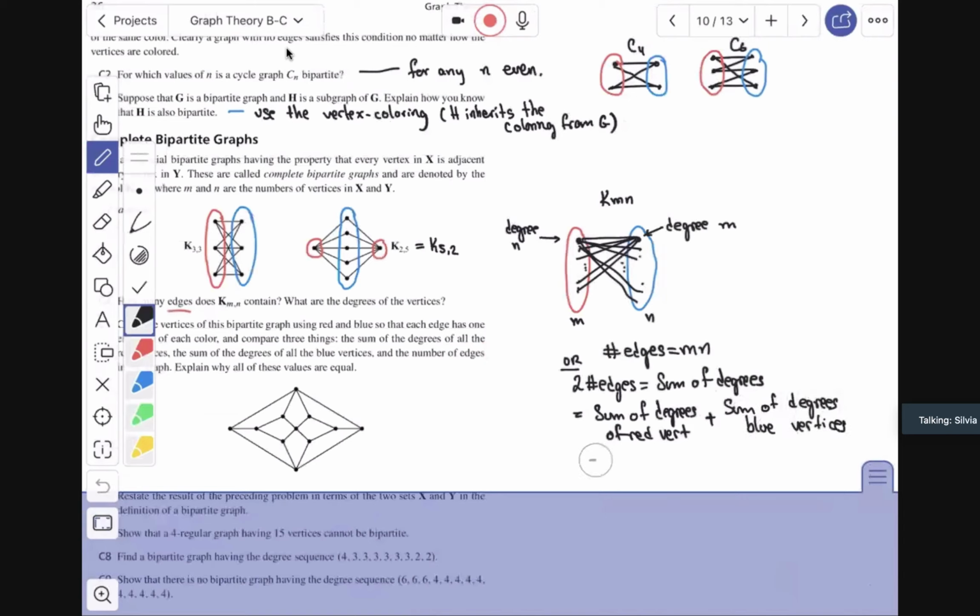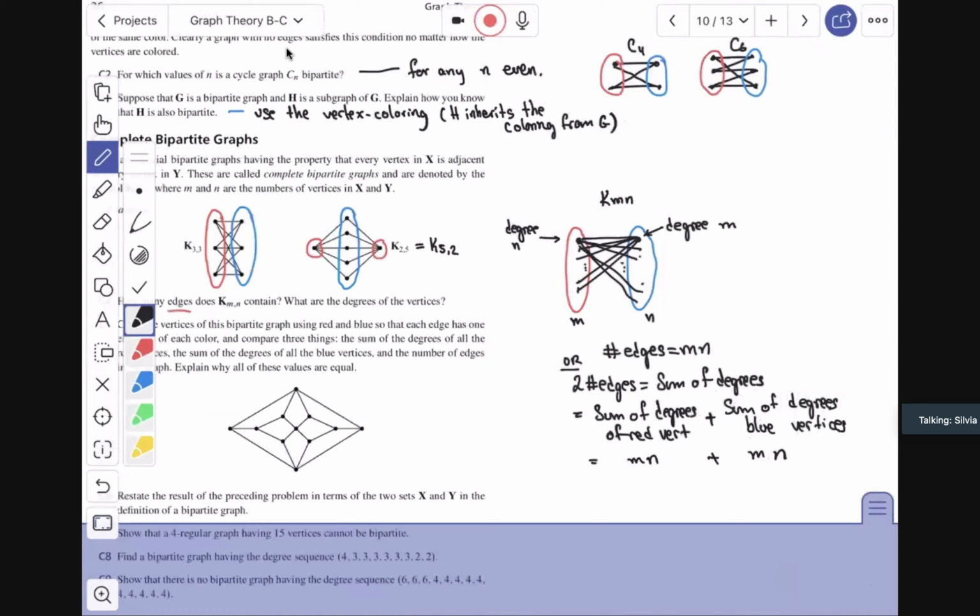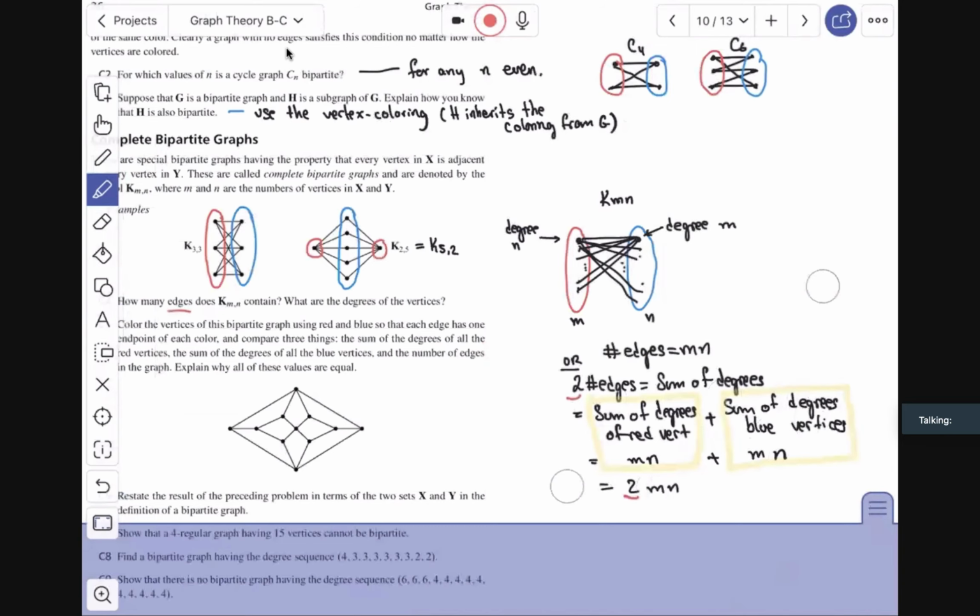And in my case, this is m times n plus m times n, which happens to be 2mn, right? And I have the 2 here, I have the 2 there, so those cancel, and that gives me mn. But one interesting observation is that the sum of the red degrees, let's say, is equal to the sum of the blue degrees. And that is always true.